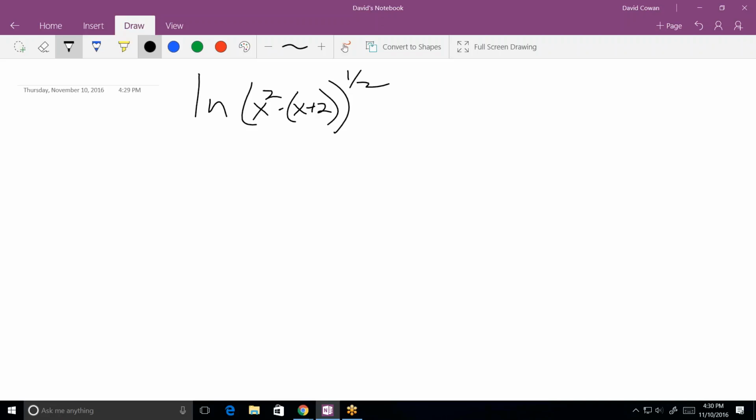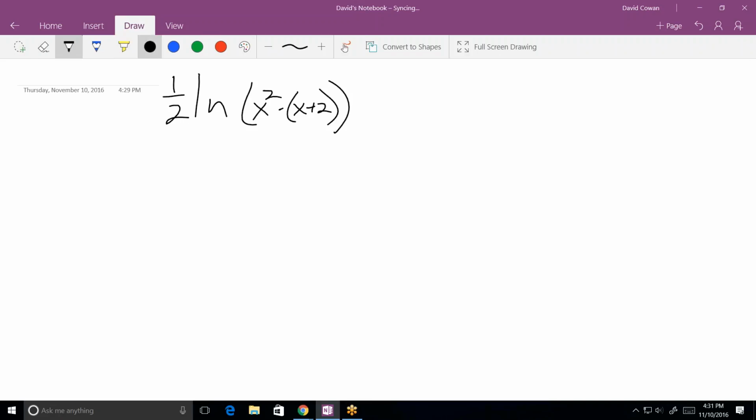Now, you usually want to go in the following order when you're expanding: bring the exponent down first. So the first thing I'm going to do is that. Now I'm going to separate those two.